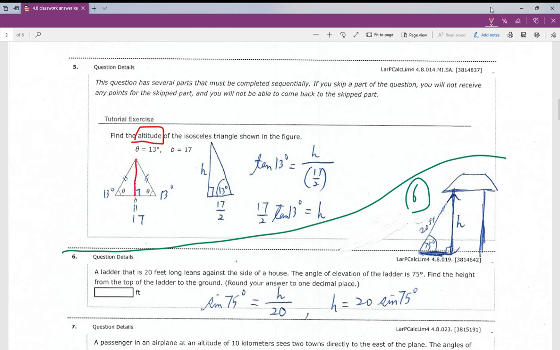Okay, so let me bring this triangle to here. So you can see this. The angle is 13 degrees. Now the height or the altitude, we use h, but this is a hypotenuse, right? Hypotenuse. And this is adjacent.